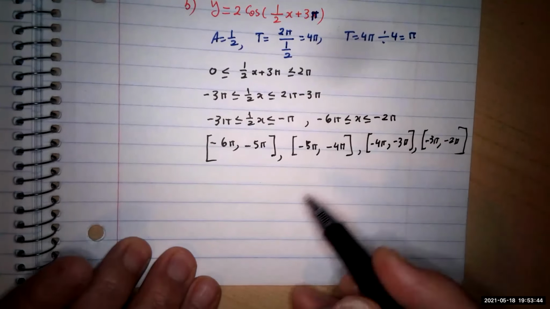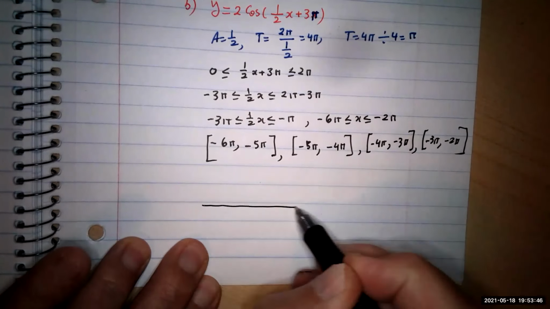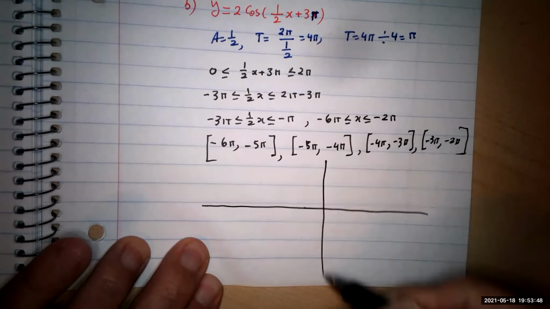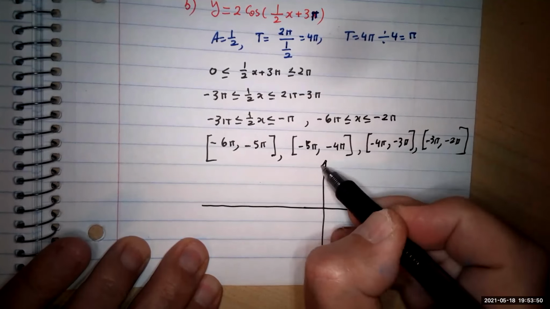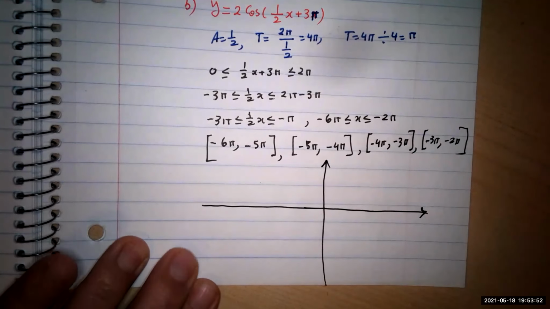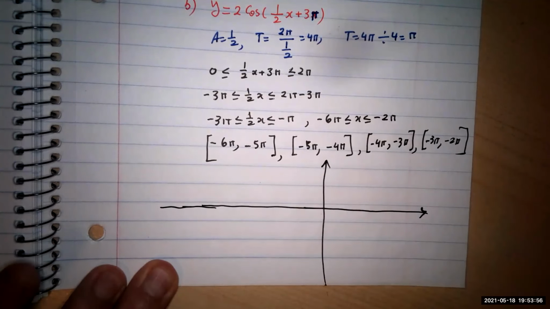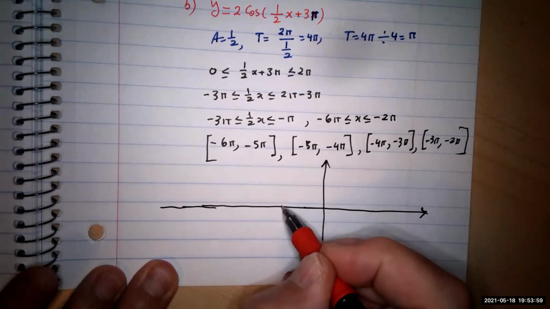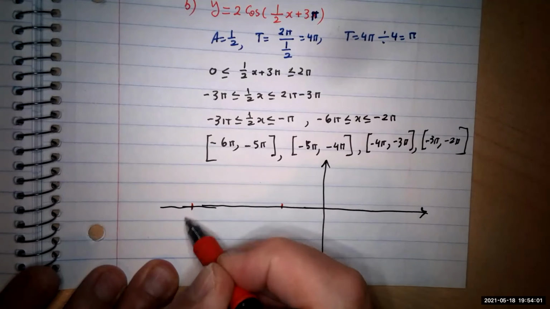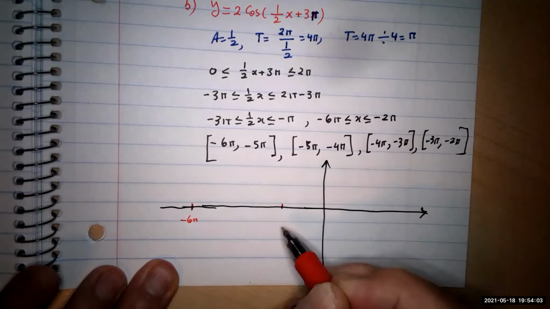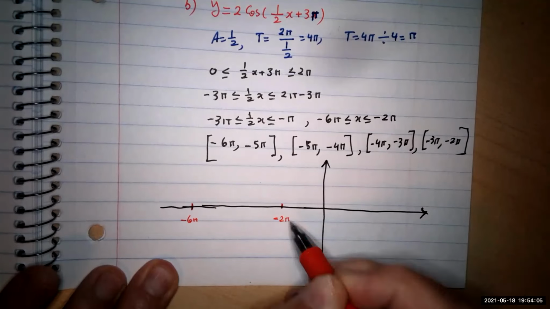So we are going to locate it and graph it. You want to go between negative 6 pi and negative 2 pi.